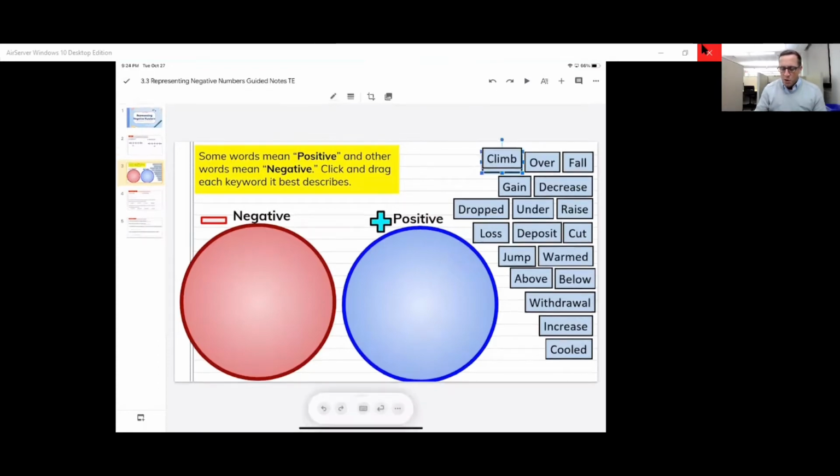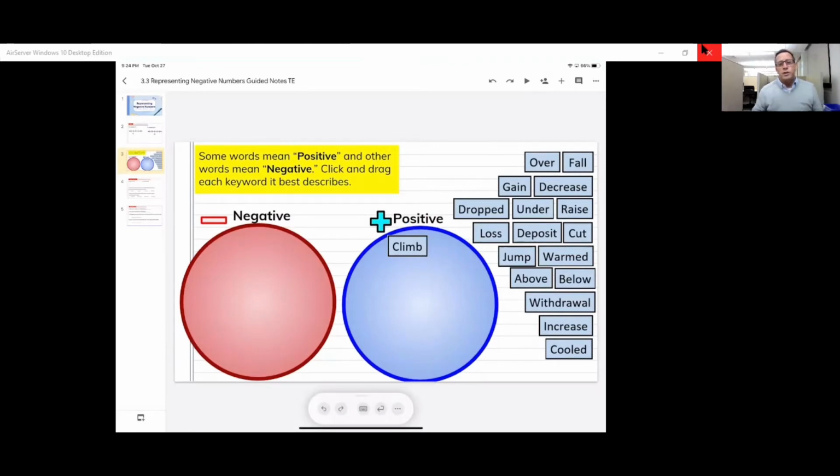So climb would be a positive word, okay? Over, if I'm talking about money, or if we're over sea level, above sea level or something like that. Over would be a positive word. So I'm going to put that there.